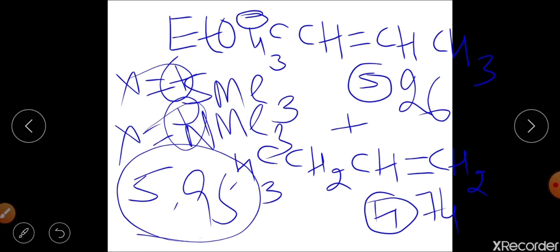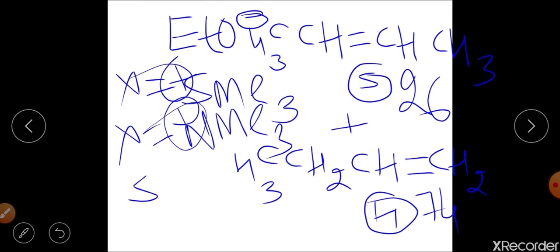So this is how the orientation of elimination reaction is governed by different types of eliminating groups, different conditions, crowding at the beta carbon, and the bases we have selected for this particular reaction.